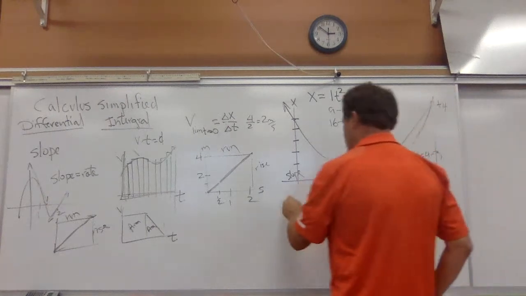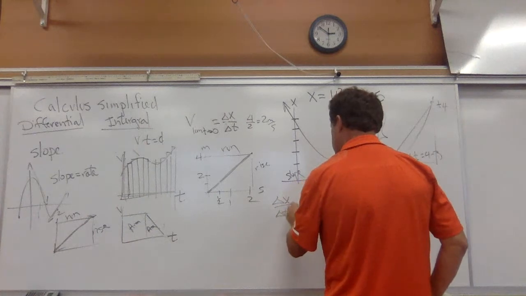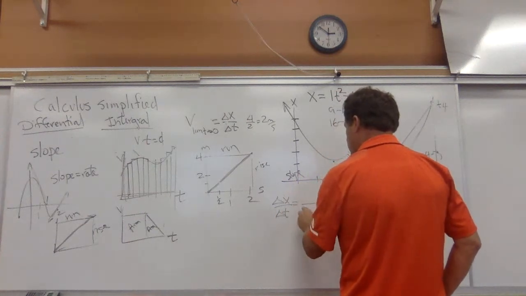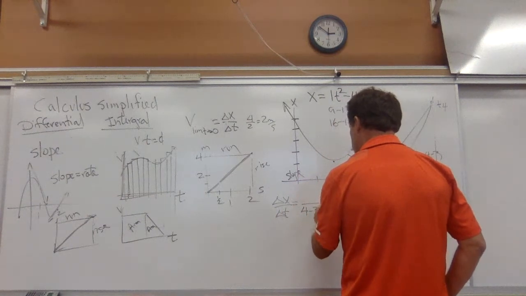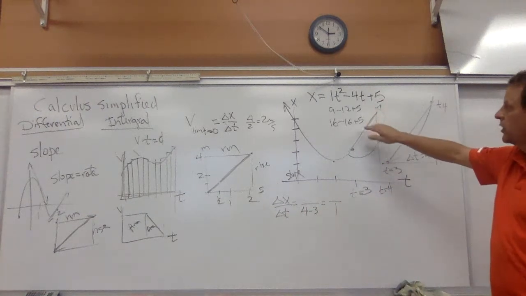Okay, so we can go delta x divided by delta t, and on the bottom is the easy one, 4 minus 3, which is equal to 1. Now, on the top, it's a little more complicated.